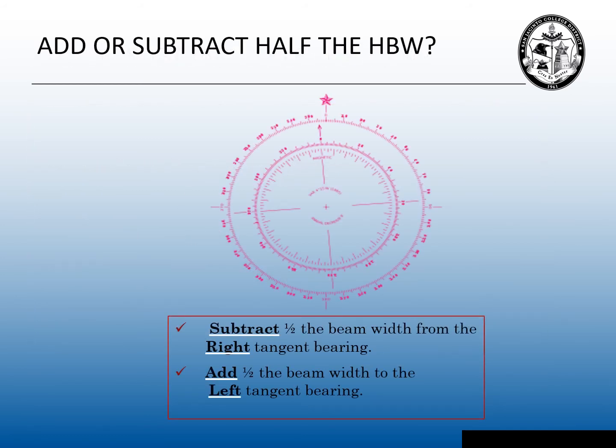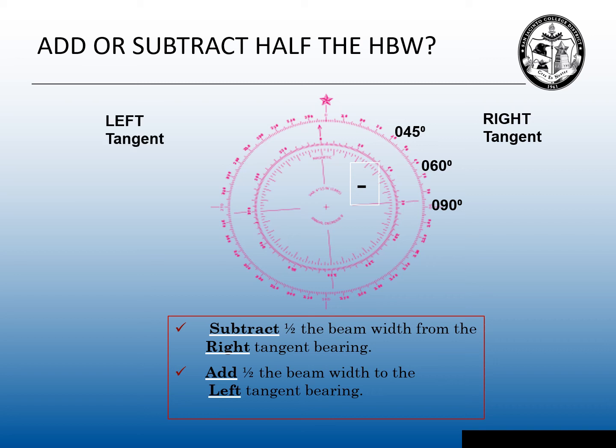Another method you can use, if you think of a compass rose, this would be the right tangent side of the compass rose, and the numbers get smaller on the right side: 90, 60, 45. Some people know that if the numbers get smaller, then I will subtract half a horizontal beam width.